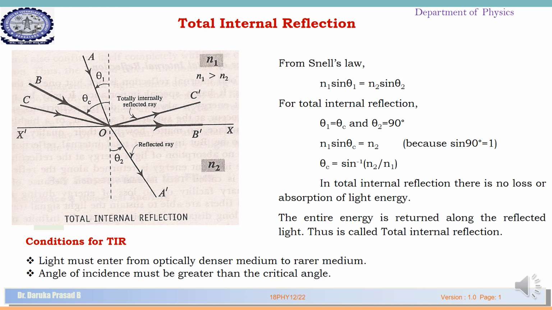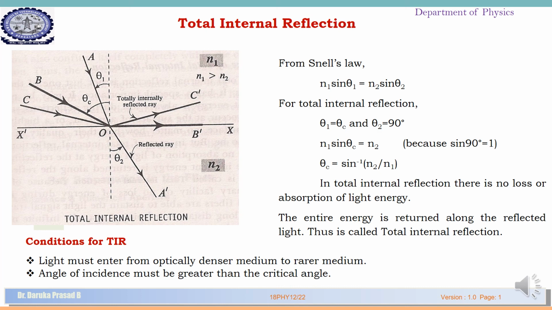Now you can discuss the conditions for total internal reflection. Total internal reflection means light should not enter the second medium. That means for any angle of incidence greater than theta c, like CO, all these light rays reflect back completely to the first medium, like OC dash. So the first condition for total internal reflection is that light must travel from denser to rarer, because here N1 is greater than N2.